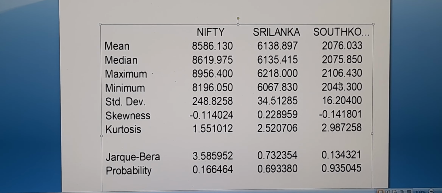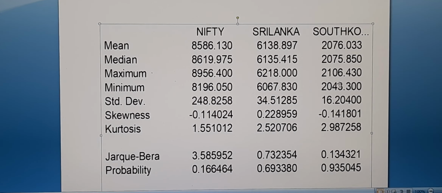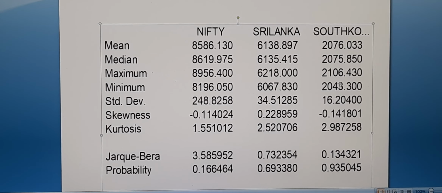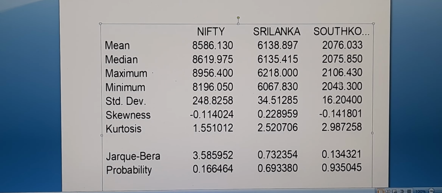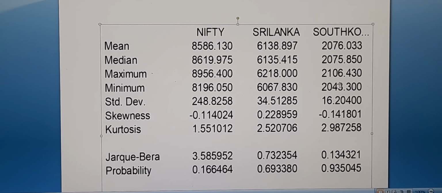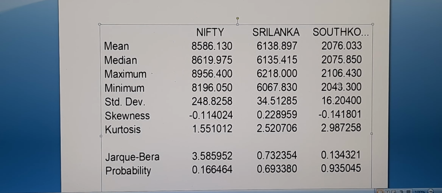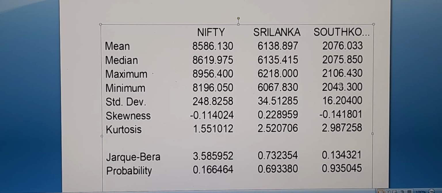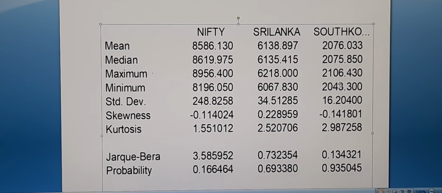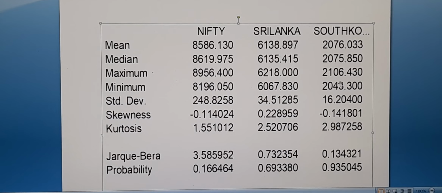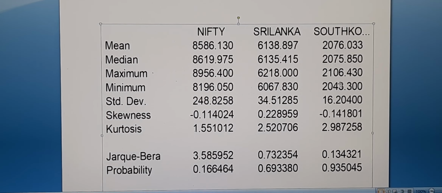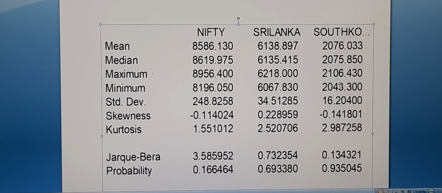The null hypothesis is that the series is normally distributed, that there is no difference. And the alternative hypothesis is that it is not normally distributed.